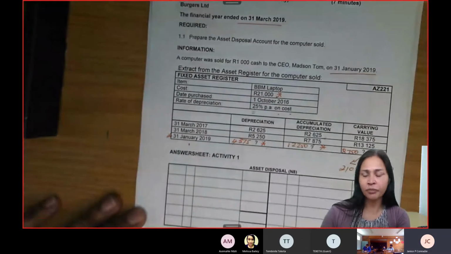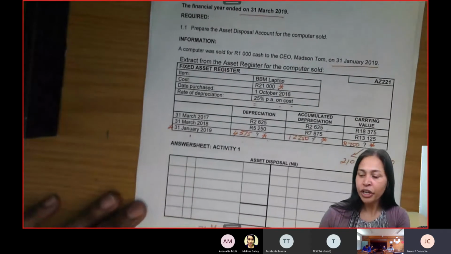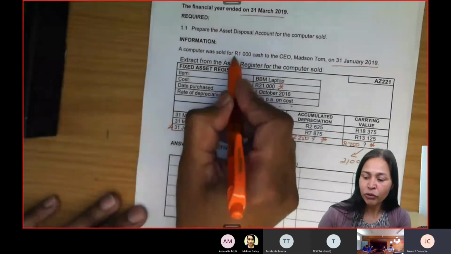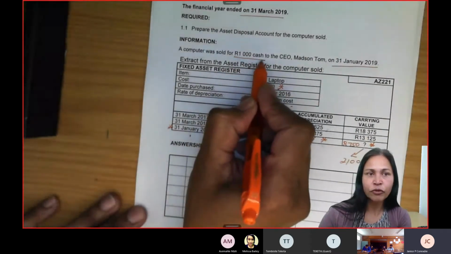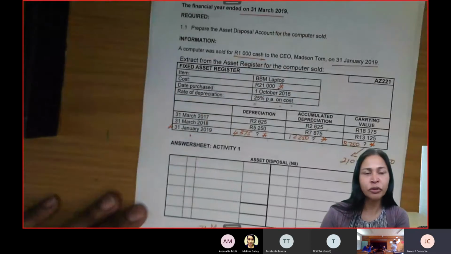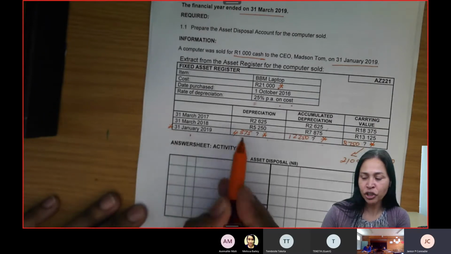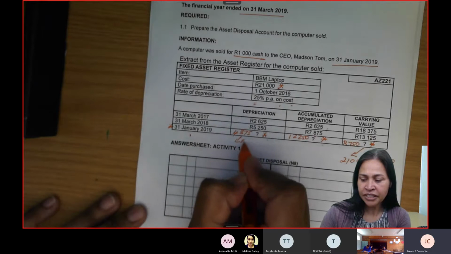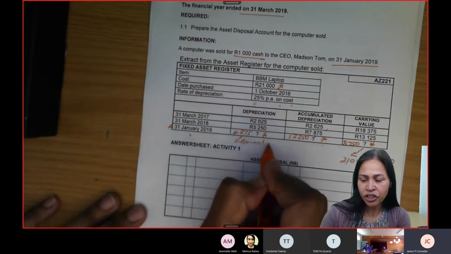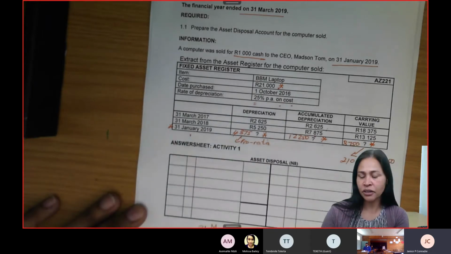We know that it was sold for cash for 1,000. So that's also important information for that asset disposal account. And then you have already calculated your pro-rata depreciation, which is that additional depreciation that needs to be added.